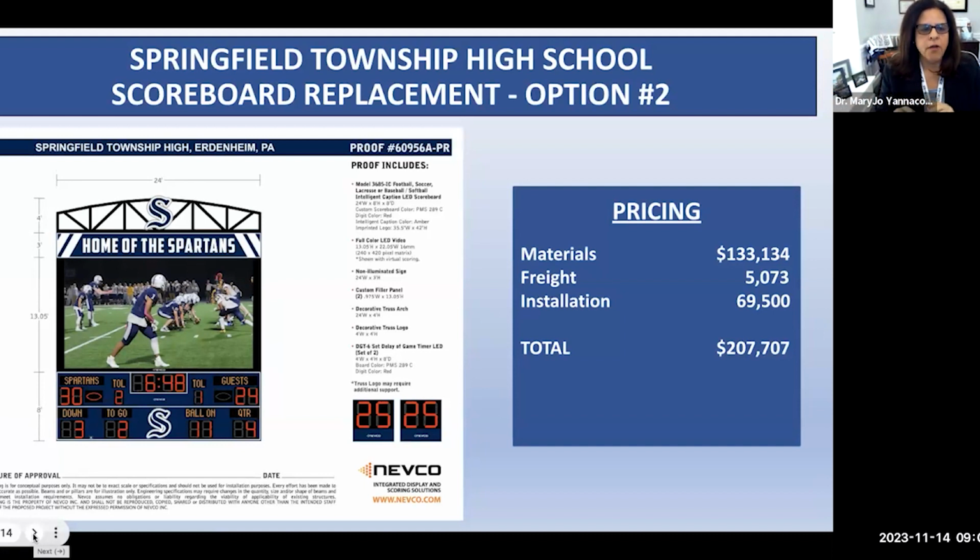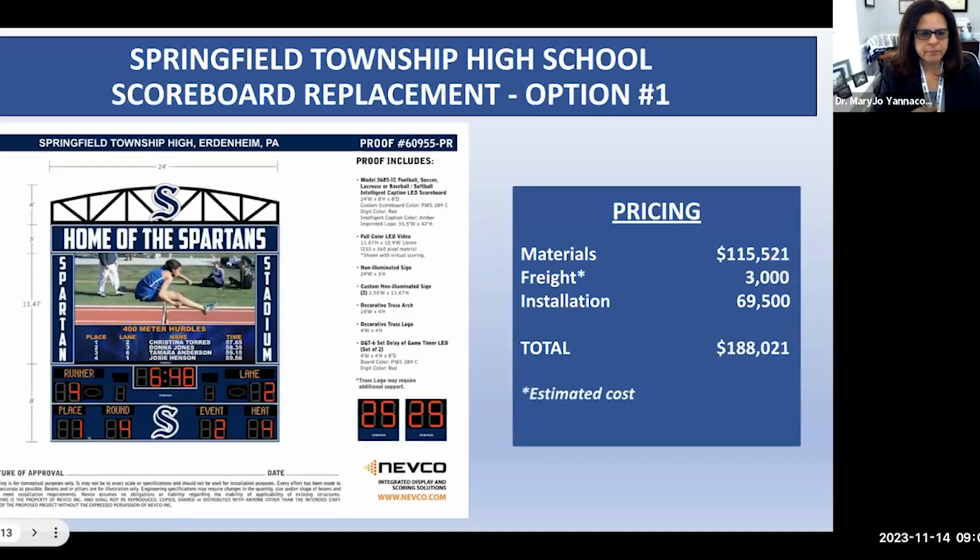On the first option, and Kara, if you don't mind just going back to that first screen. On the first option, because the amount of digital display is smaller, it is a lighter board, and it's also a smaller amount of space to be able to create whatever display or video that you like.